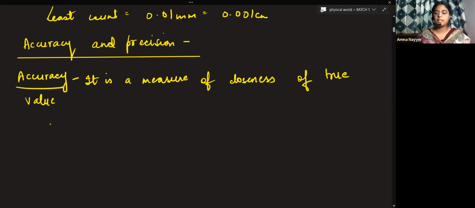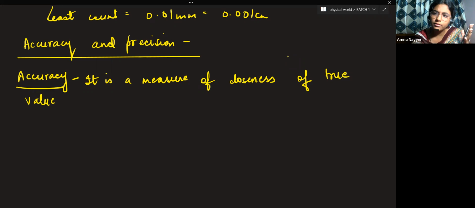For example, if I say the length of this pen is 10 centimeters, I ask all three of you to calculate the length of this pen. So Fahad says the length of this pen is 9.9 centimeters. But actually it was 10 centimeters. Because of some errors, some wear and tear in his instruments, or by some means, he is getting 9.9.